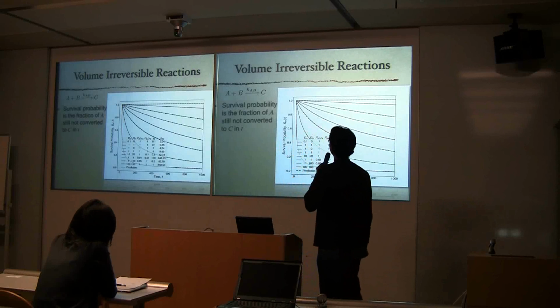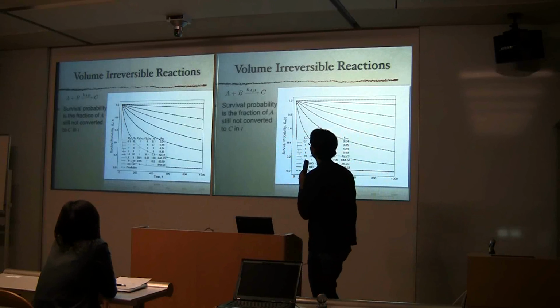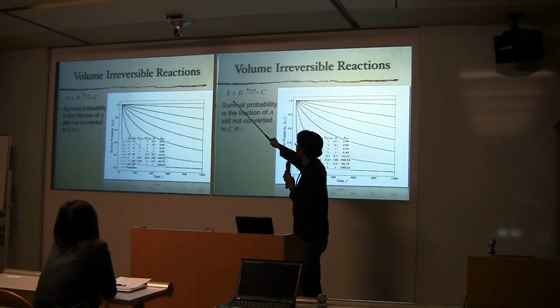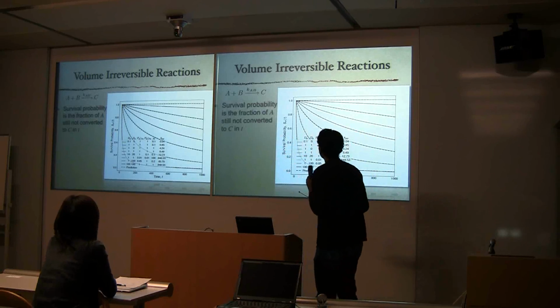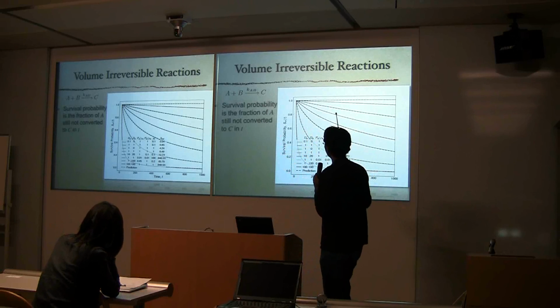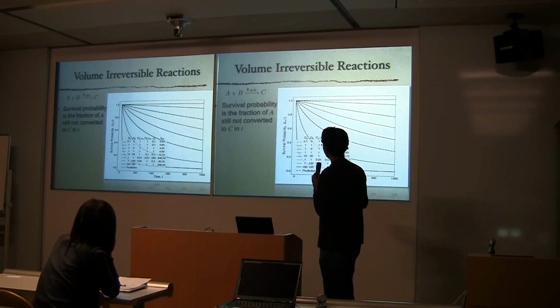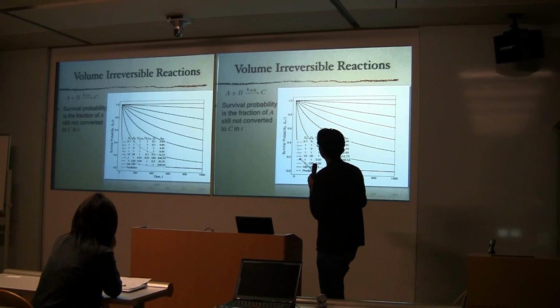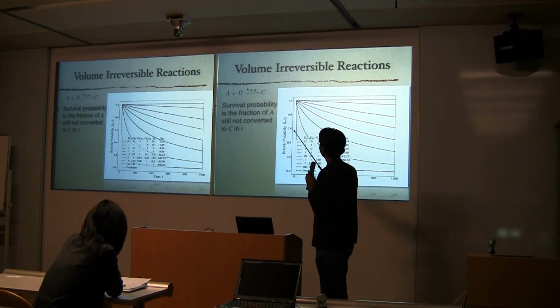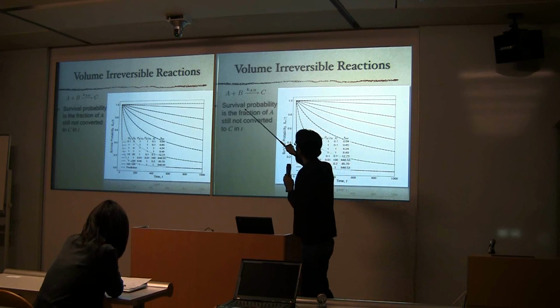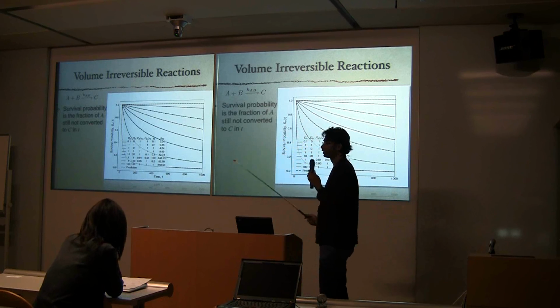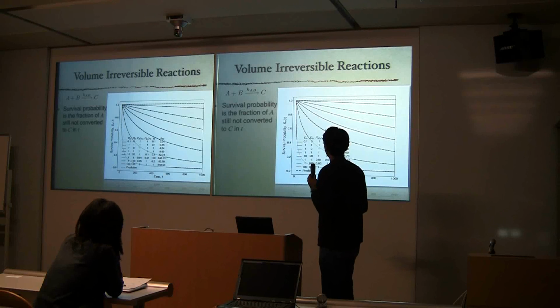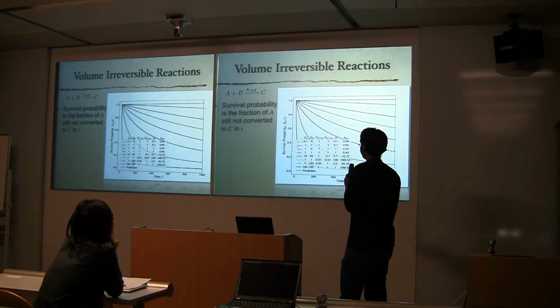Next, I wanted to validate the irreversible reaction that takes place in the volume compartment. This is the irreversible reaction, A plus B to C. Here I compared the simulation with the prediction, which is based on the Smoluchowski theory. The y-axis shows the survival probability of molecule A. Survival probability is whether the molecule exists at a given time, and the x-axis shows the time.